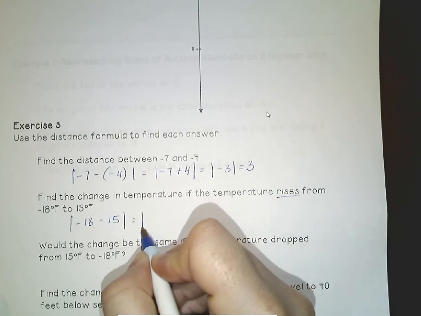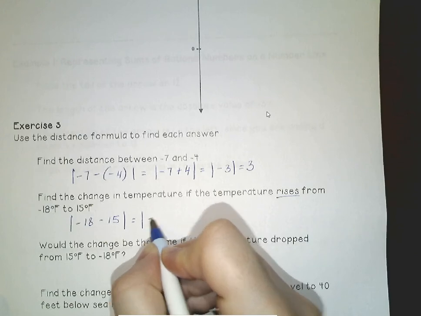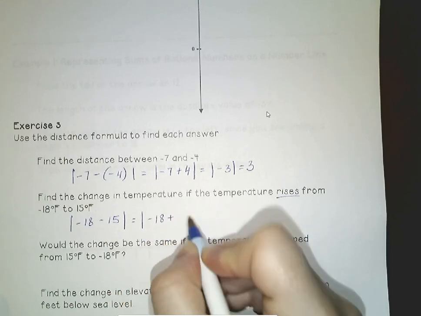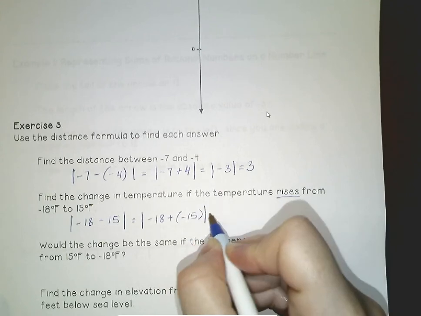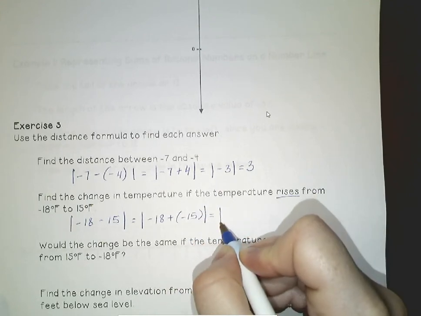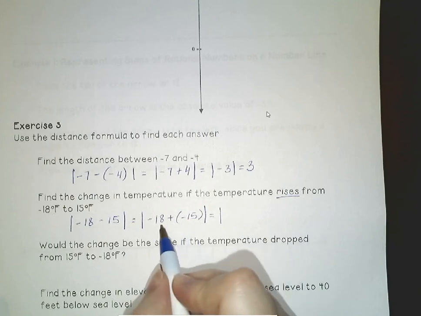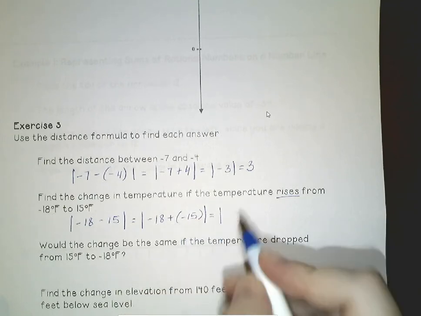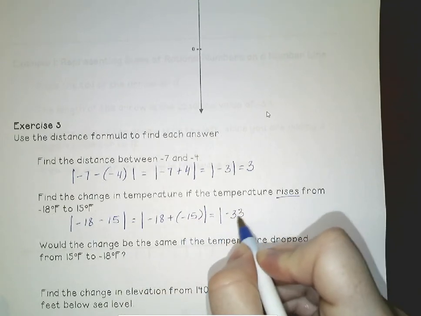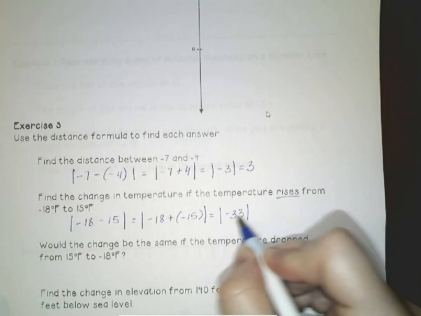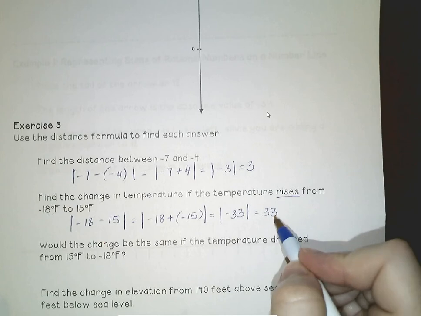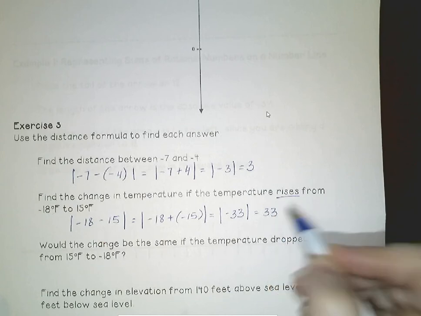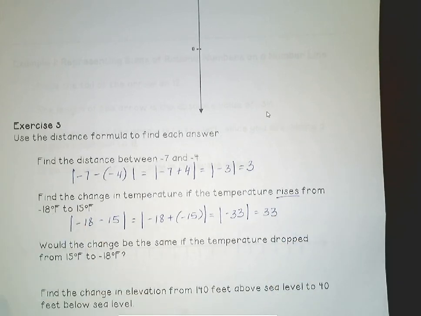We change subtraction into addition of the opposite, -18 plus -15. Inside the absolute value box, we are going to add these two numbers. -18 plus -15 is -33. The absolute value of -33 is 33. That means the temperature rose 33 degrees from -18 to 15.